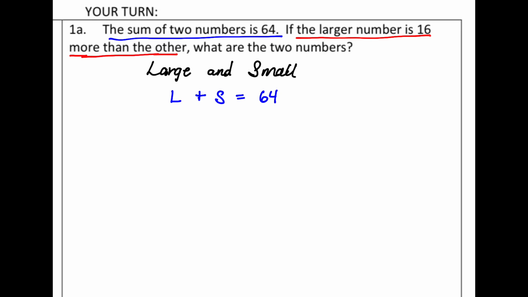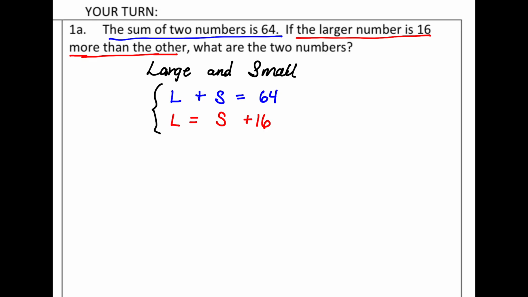Now it says the larger is 16 more than the other. This is where before we'd have to make it work with one variable, but here we don't. So the larger one is 16 more than the other, L equals S plus 16. There's no reason to have to use one variable. Use both.